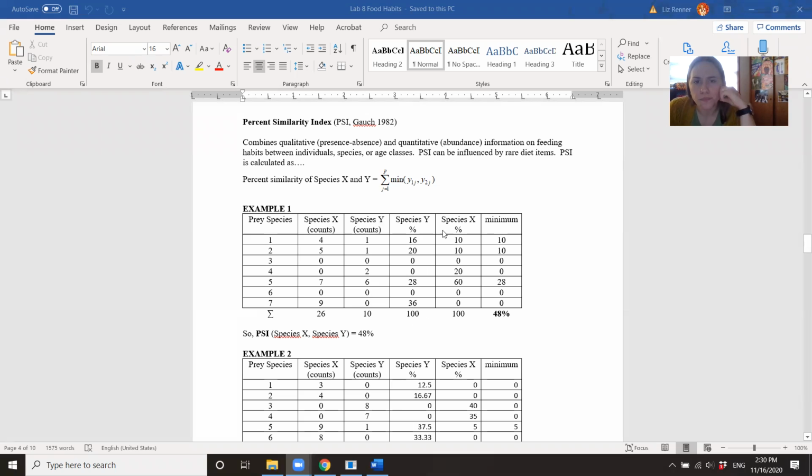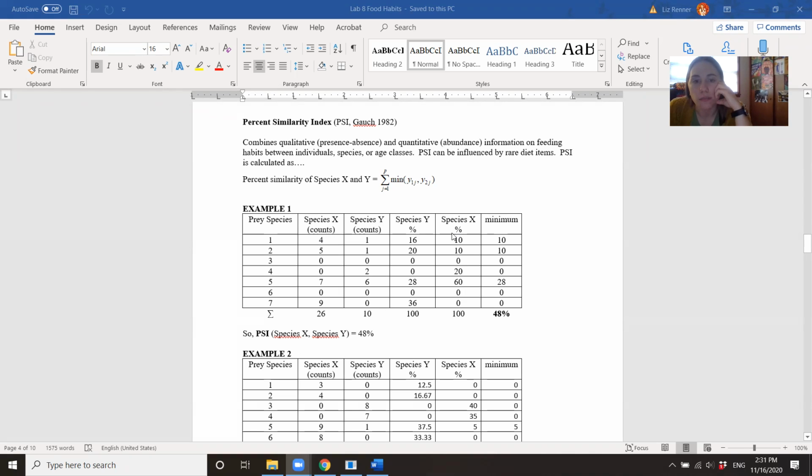So for species Y, we had 16% of all of the prey was species 1, 20% of all of the prey items was species 2, 28% of all of the items was species 5, and 36% of the items was species 9. And we get those by reflecting like 4 out of 26, 5 out of 26, and so on, going down the line through that.